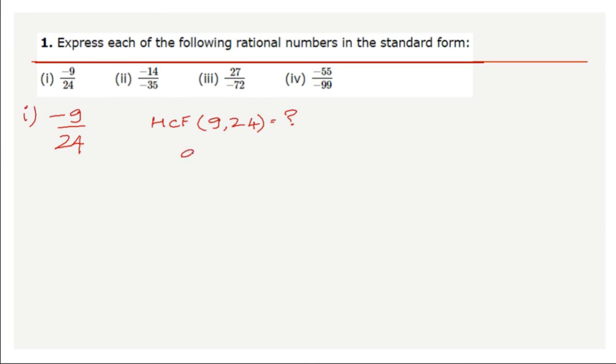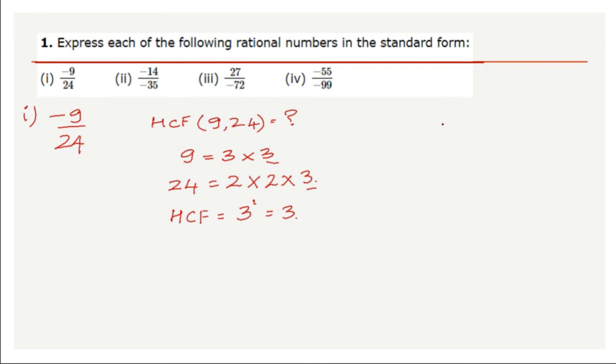In the prime factorization method, 9 is written as 3 multiplied 3 times, and 24 is 2 multiplied by 2 multiplied by 3. Therefore, the highest common factor is 3 raised to the power 1, which is 3, because 3 is the only common factor here. This is the prime factorization method.